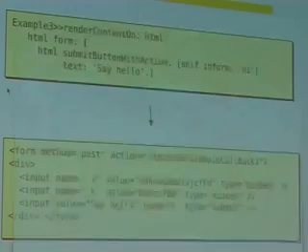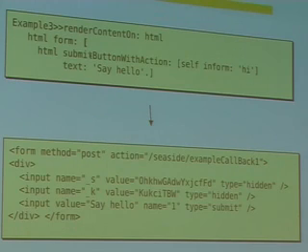Say hello, I press the button and I get hi, and I can press again. So very simple. And this works in the way that we have this submit button with action and text, this method that we call. The text takes, the second parameter is just the text that we want to render, and the first parameter is an action block that gets evaluated as soon as we click on the link.